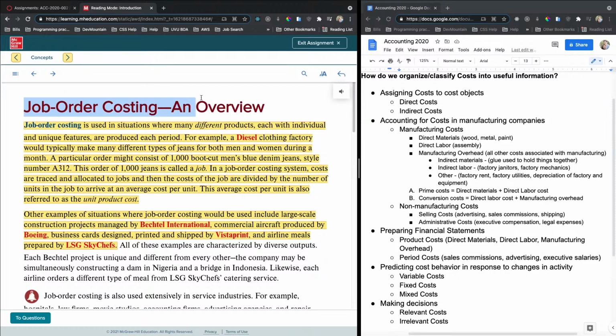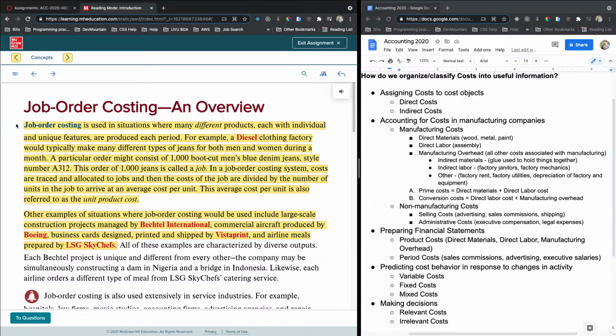Job order costing, an overview. Job order costing is used in situations where many different products, each with individual and unique features, are produced each period. For example, a denim clothing factory would typically make many different types of jeans for both men and women during a month.